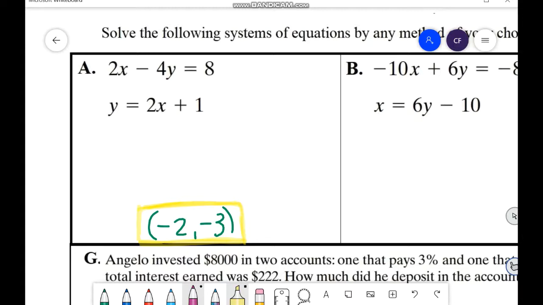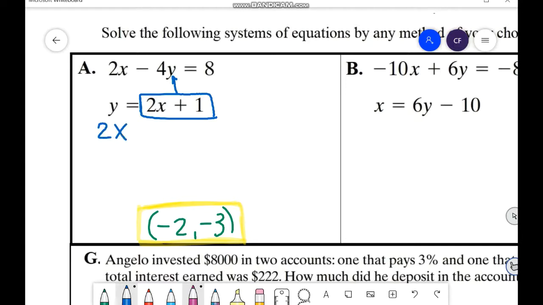I will prove just this one question, that you can use a different method and find the same answer. I'm going to use a substitution method because we have y equals this, and I can plug in, instead of y, 2x plus 1 and find the solution.